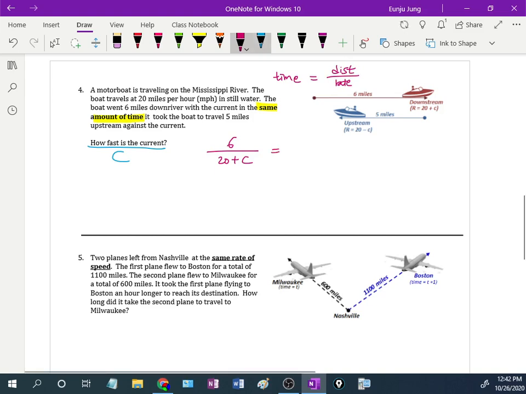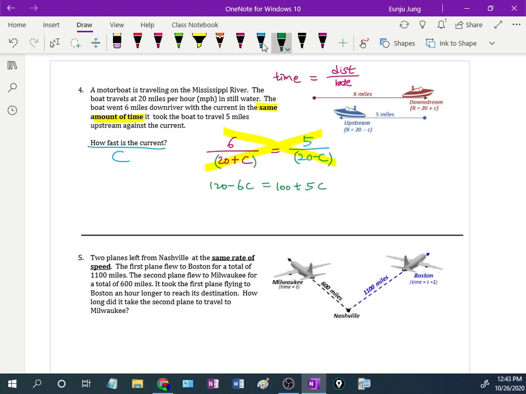On the right hand side, I have 5 miles, and the speed gets smaller because we are moving against the current. So that is the equation we need to solve. Does it make sense? Then put extra parentheses for grouping the binomials, and then use cross multiplication. Cross multiply. So 120 minus 6C equals 100 plus 5C.